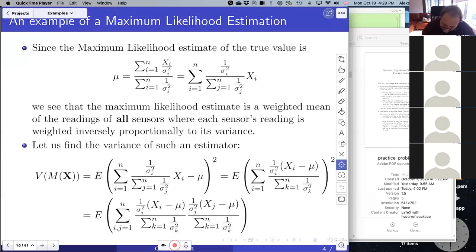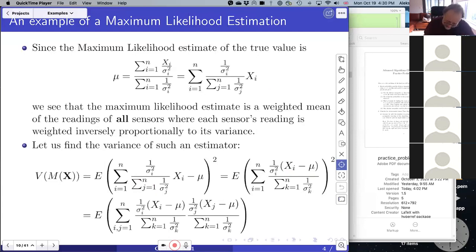And lo and behold, you can put both xi and mu on top here. So you will have to multiply mu with this factor, and then you can distribute it to all of the individual xi's. So you get this divided by that, right?